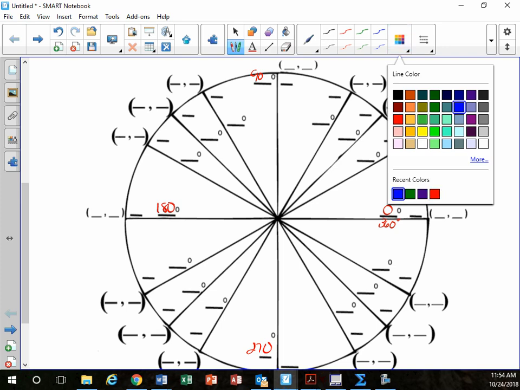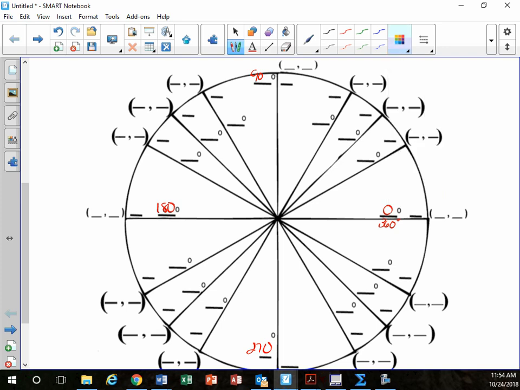All right, I'm going to switch to blue. So guys, think about our special right triangles. What angles do we talk about in our special right triangles? 30, 60, and 45. That's 3 angles, right? Conveniently, I have 3 spaces right here.